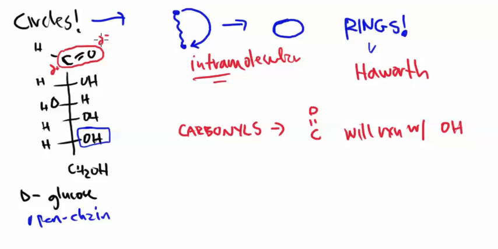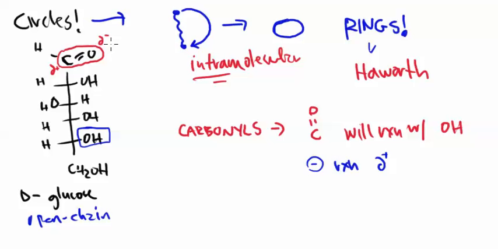Now, what's going to be looking for a positively charged carbon? Well, what the reaction would prefer is that we find something negative, which is going to look out and react with anything that is slightly positive. Now, we know that this oxygen up here at the top is slightly negative.